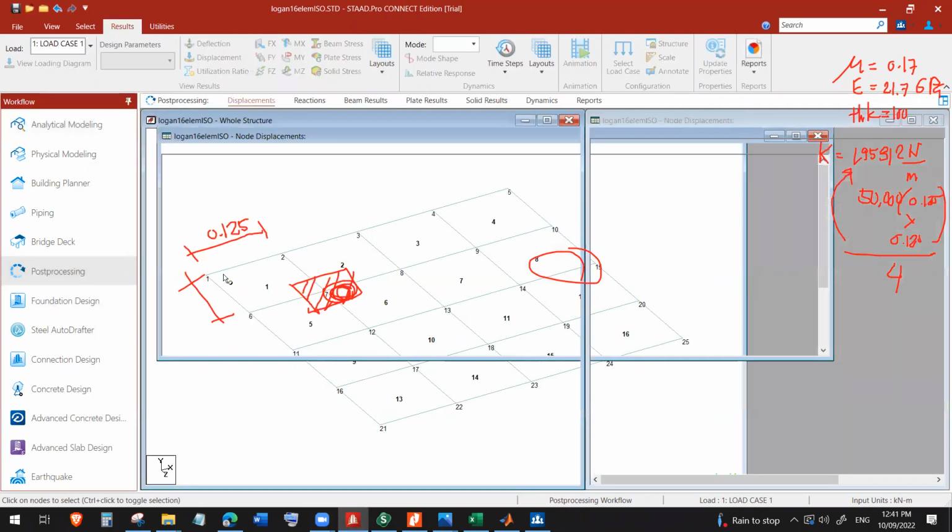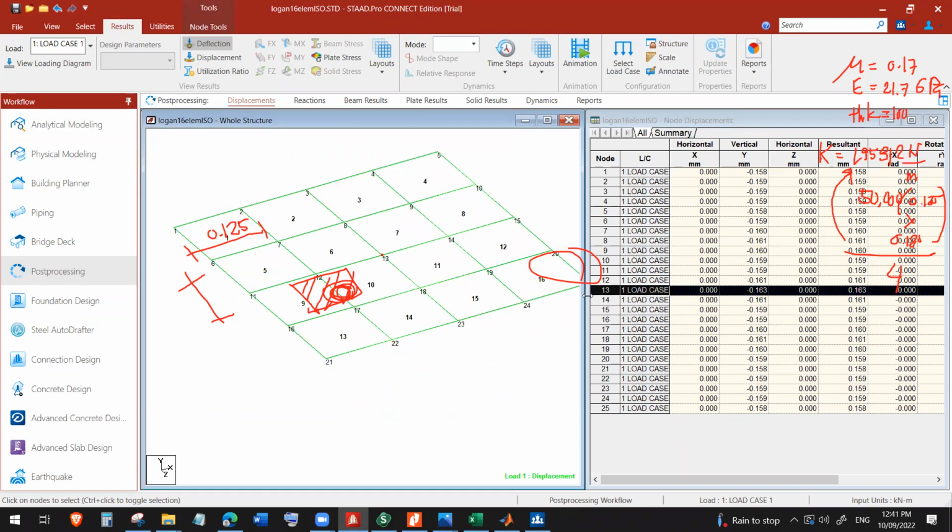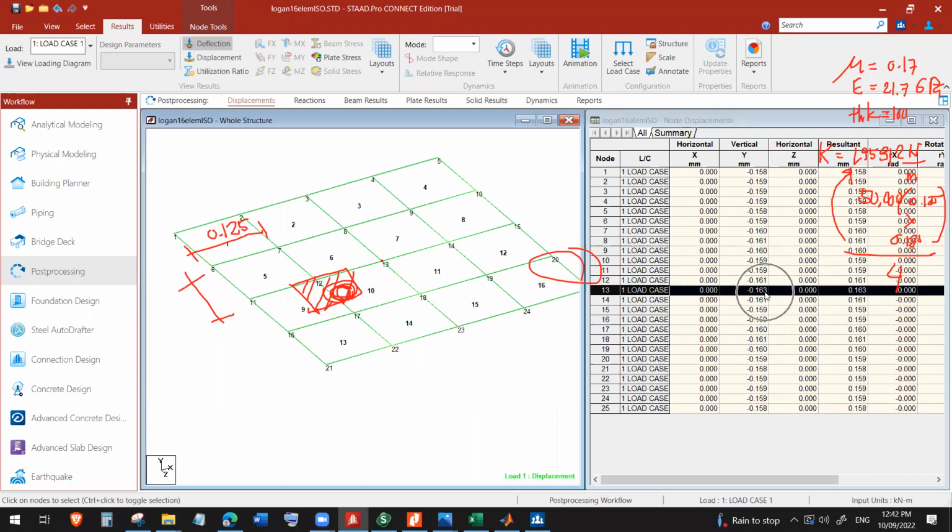And if you check on the post-processing, according to our STAAD run, the maximum deflection is 0.16 mm.